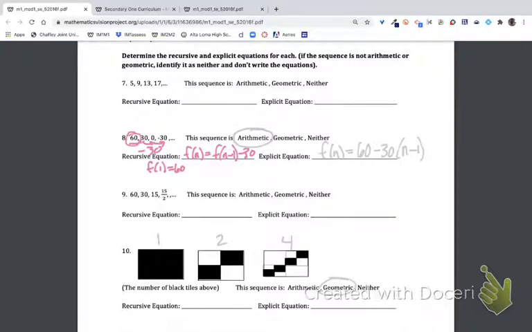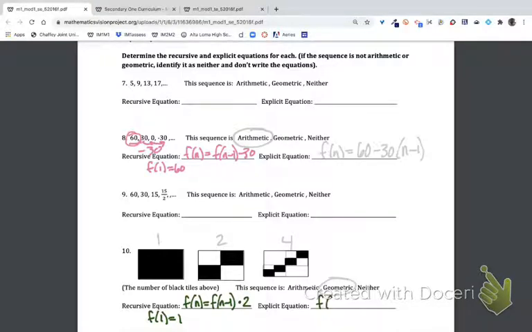For the recursive equation, define your first term. There's 1 tile. And to find every next term, we're going to take the one right before it and multiply it by 2.